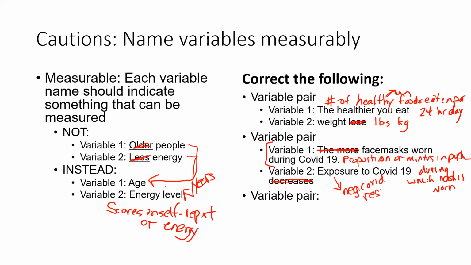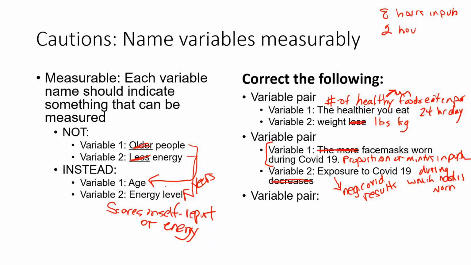I actually have a question about the word proportion. I'm trying to understand what that means. Is it sort of like a duration, like maybe an 8-hour shift or something like that? It's a percentage. So let's say they were out for 8 hours in public, and they wore a mask for 2 of those hours.